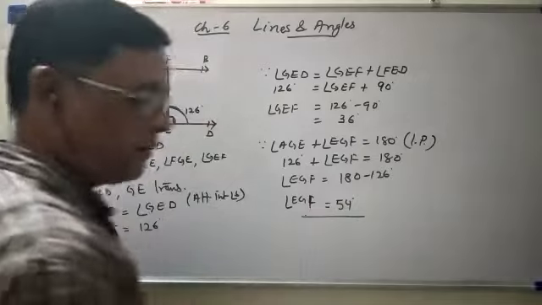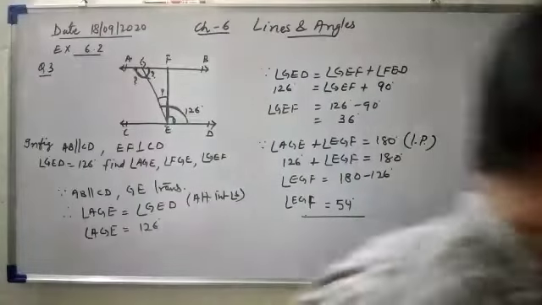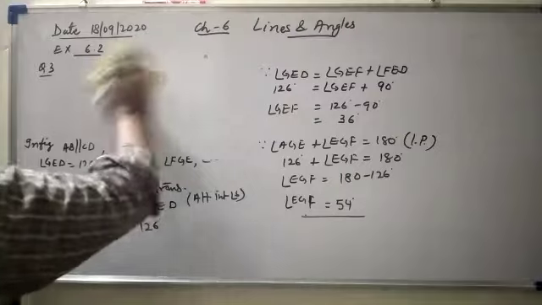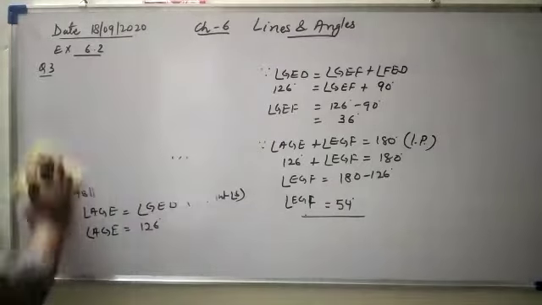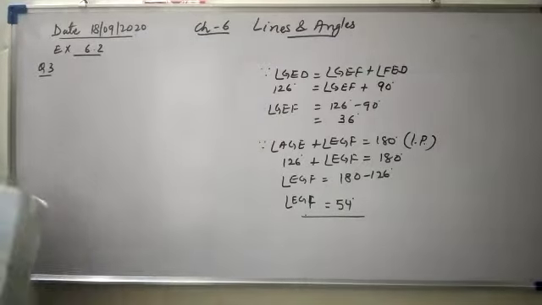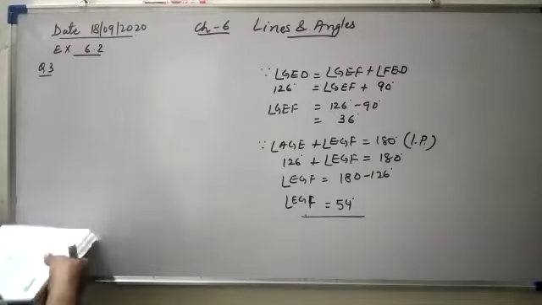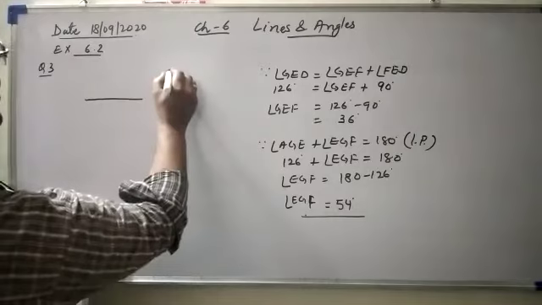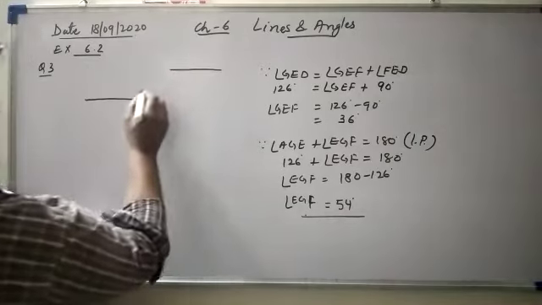Okay. Now we come to question number 4, the next one. The next question is, according to the figure, there are two lines, PQ and ST, parallel to each other.